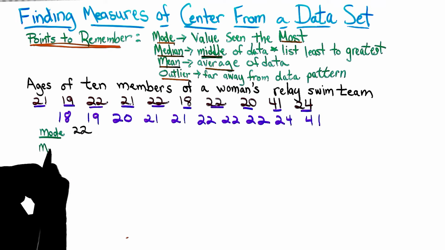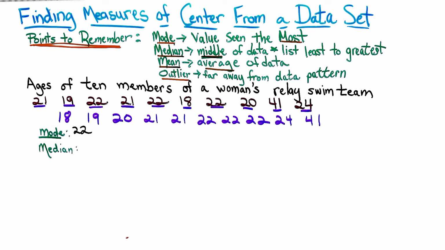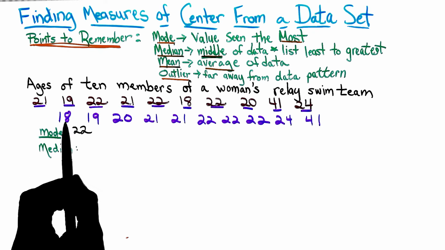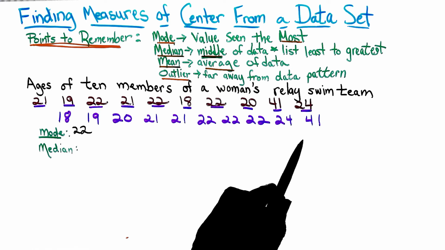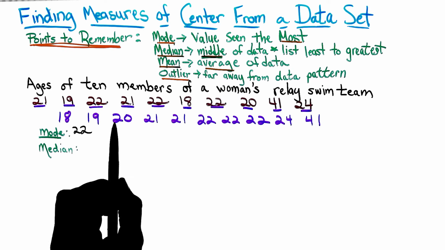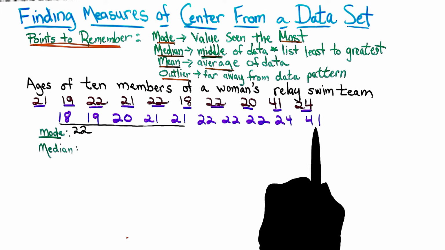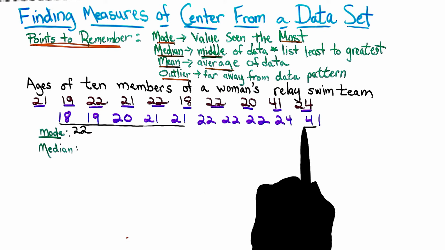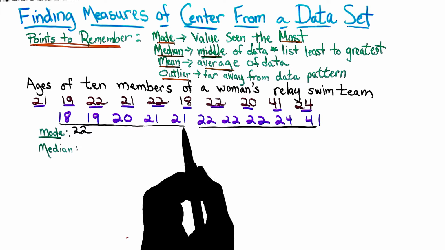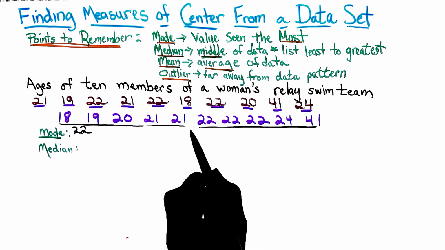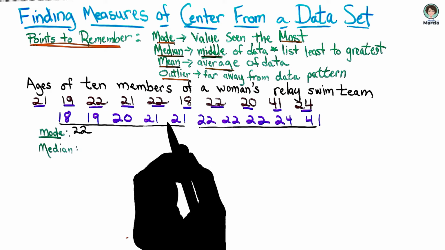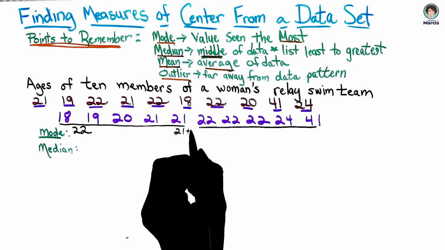So for the median now, remember, we have it in order from least to greatest. I'm going to count, and there's 10 of them. So I'm going to go 1, 2, 3, 4, 5. So here is my first half, and 1, 2, 3, 4, 5. Here's my second half. When you have an even set of data points, you add the middle two together.